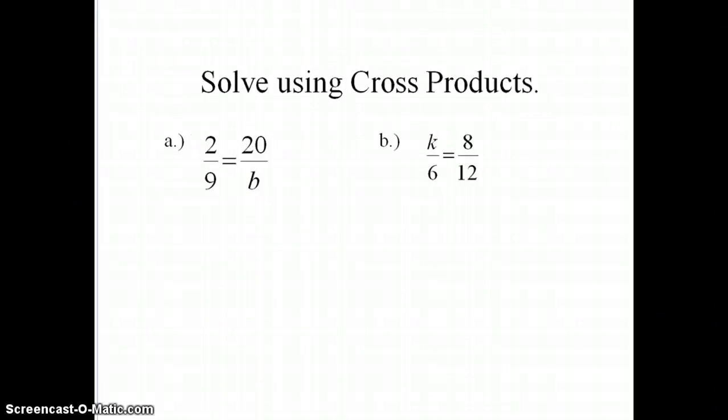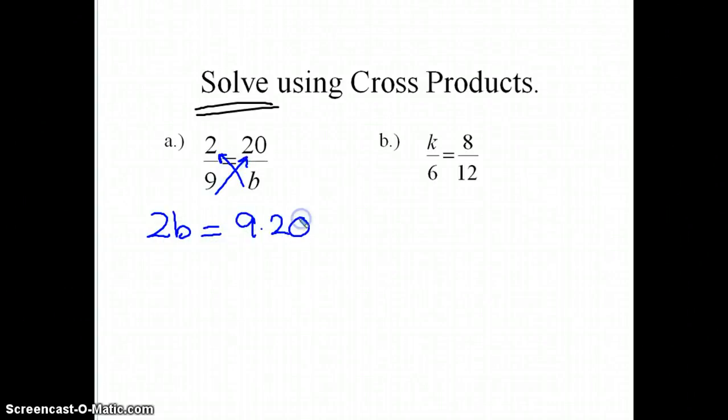Moving on to the next part, we will be doing cross products, but this time we're going to solve with cross products. So when I look at this, I'm going to do my cross product. I'm going to go b times 2. So I have 2b is equal to 9 times 20. And now I have to solve for b.